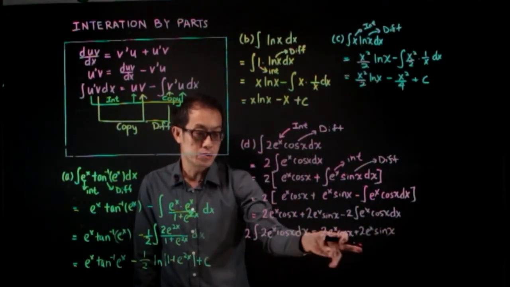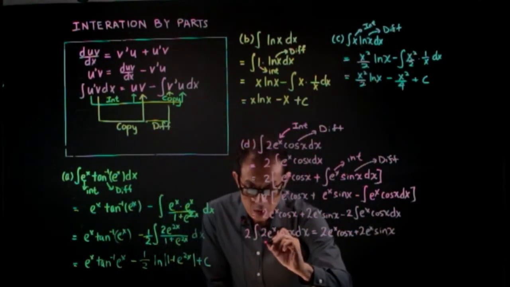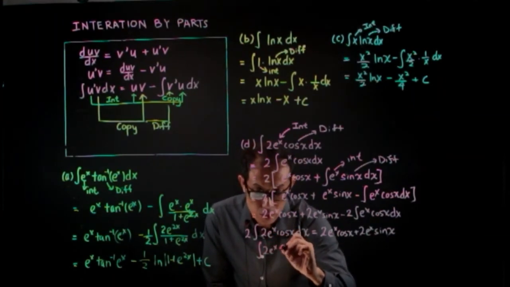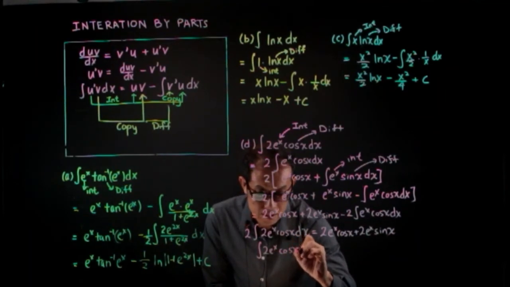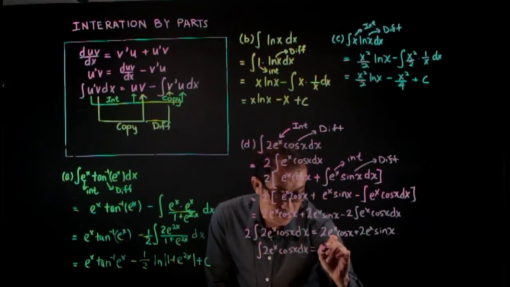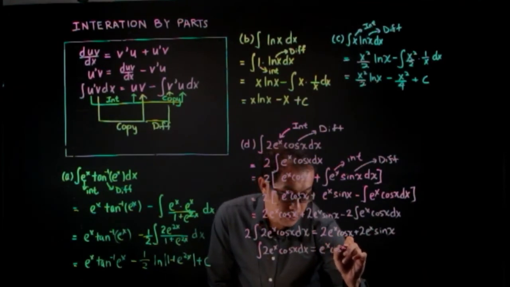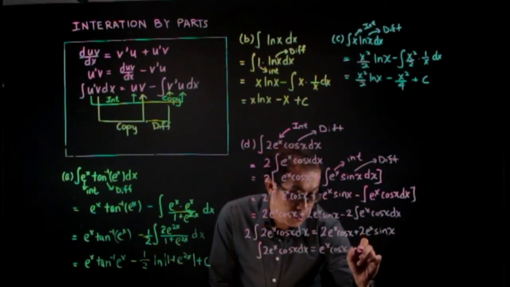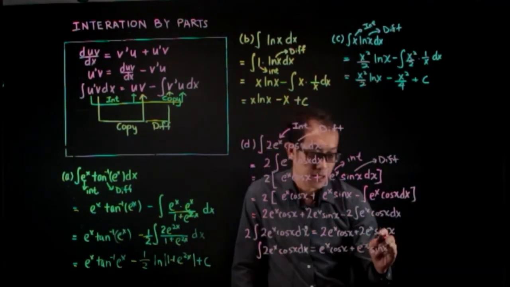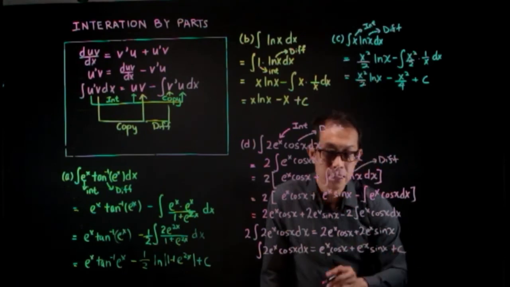Okay, so I need to just divide by 2. So integral of 2 e to the power x cos x, I will get e to the power x cos x plus e to the power x sine x, and of course plus C.